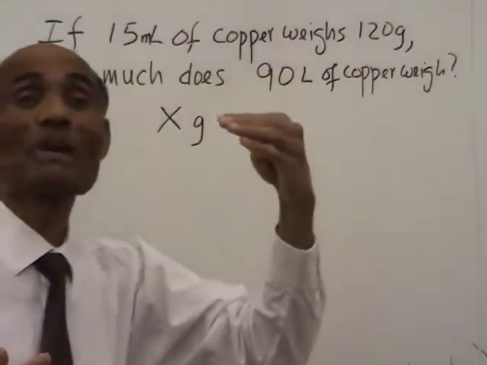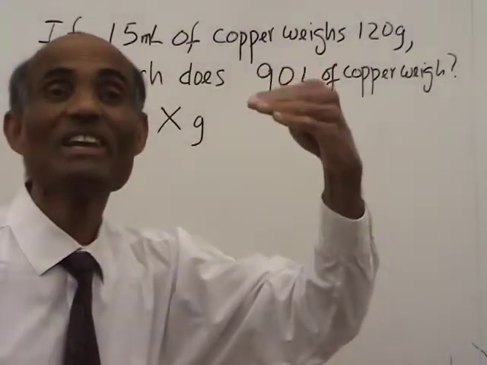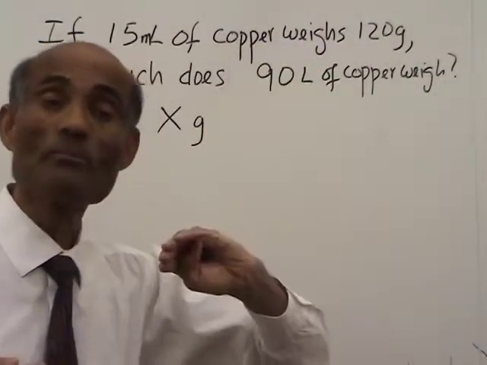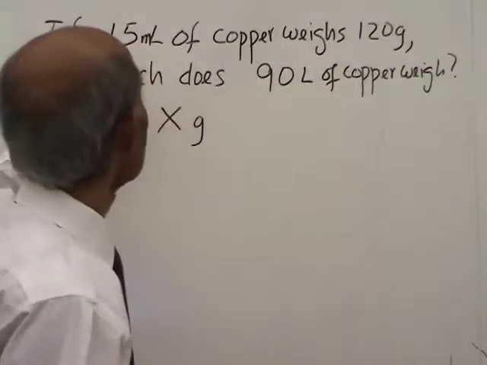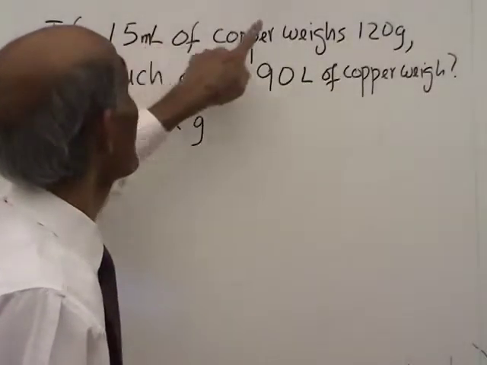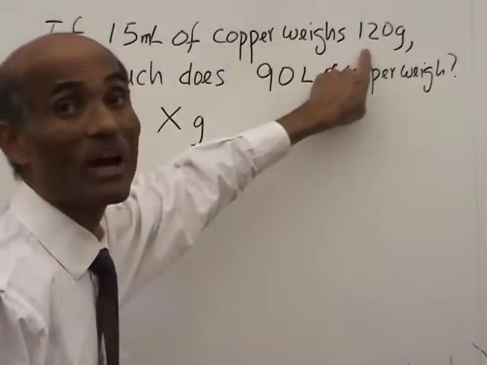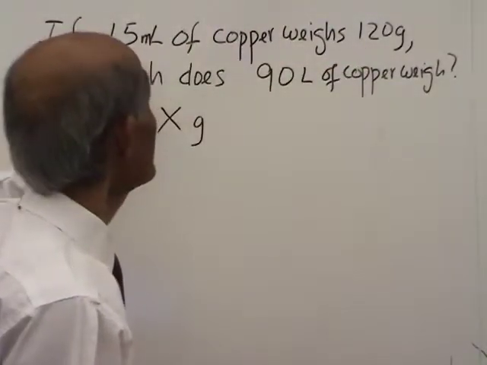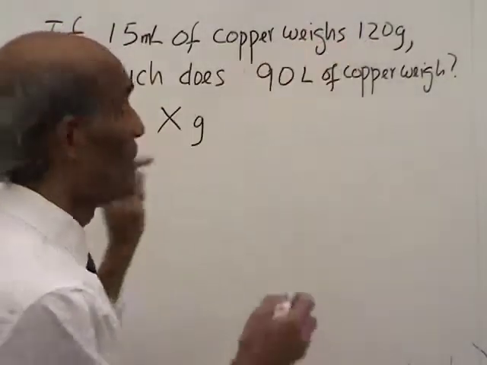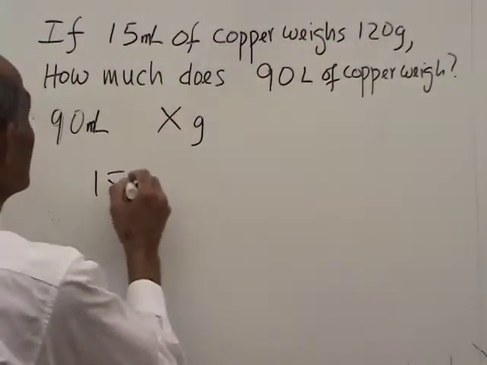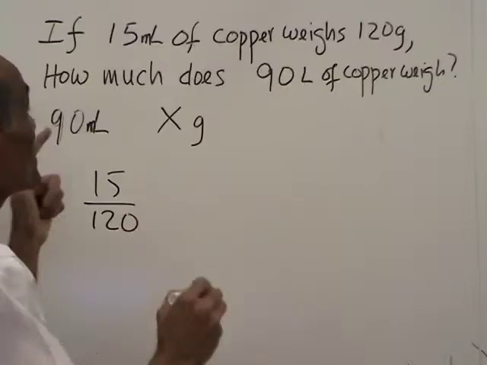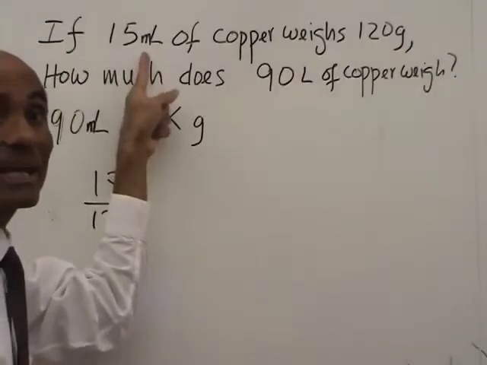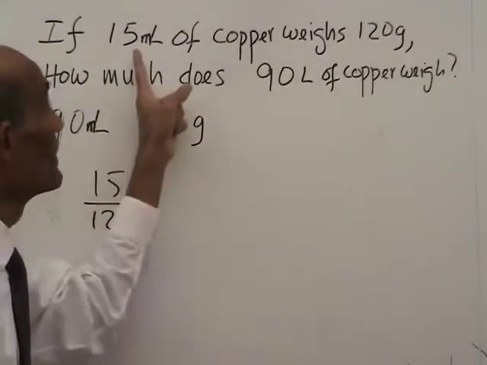So we take a ratio of milliliter to gram. 15 milliliters of copper weighs 120 grams. What is the ratio there? 15 divided by 120. This is the ratio of milliliters to gram.